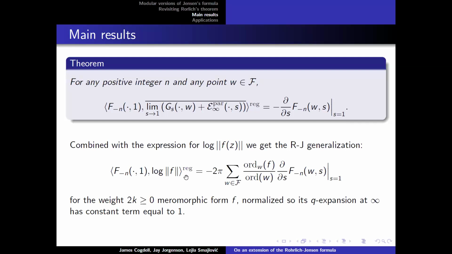So we have that the regularized inner product of f minus n with the log norm of f is a very similar looking formula to the previous one, where instead of the Kronecker limit function, now we have this derivative of f minus n at s equals 1. And again, assumptions on f are the same throughout this whole talk.